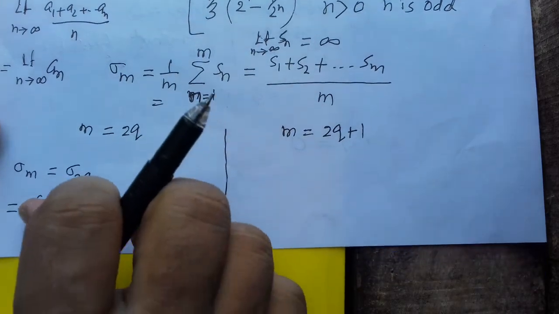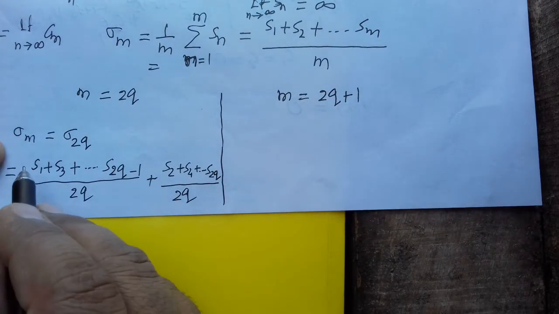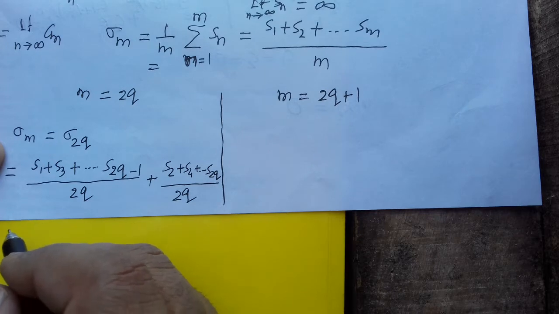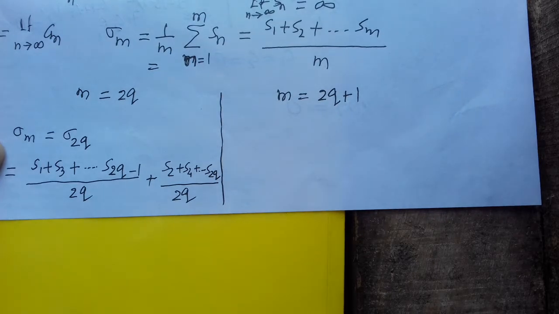If you tend the limit, m tends to infinity, this means that q tends to infinity.